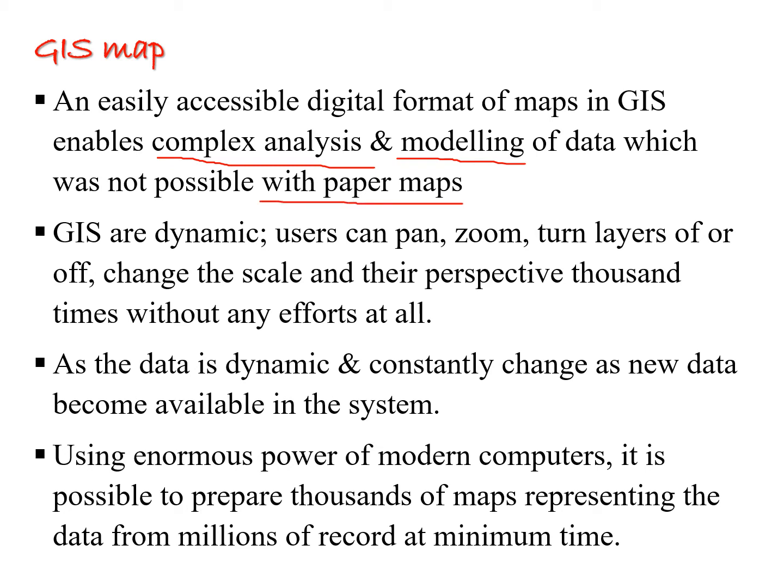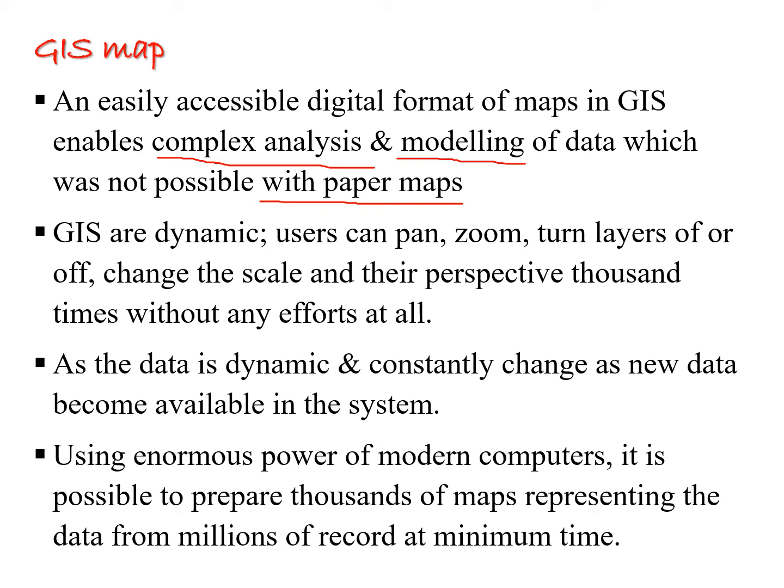Then, unlike paper maps which are static, GIS is dynamic. In what sense? You can pan the map. That means we are very much concerned with the soft tools of this. It can be zoomed, and it can be edited by turning the layers on or off.